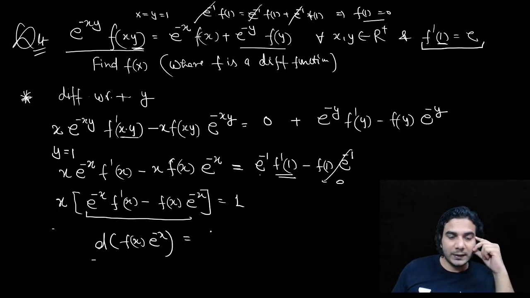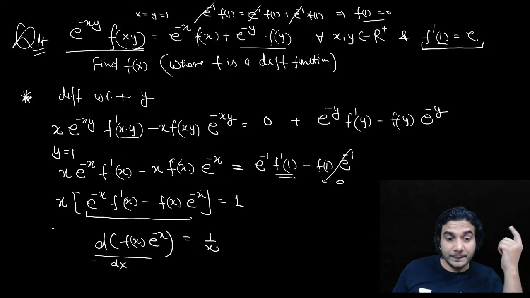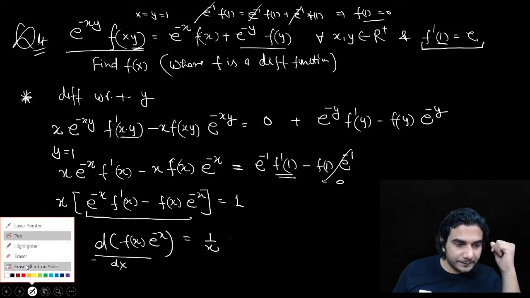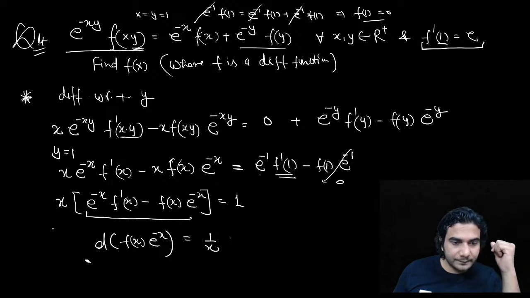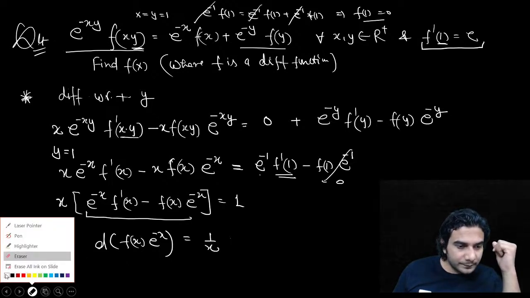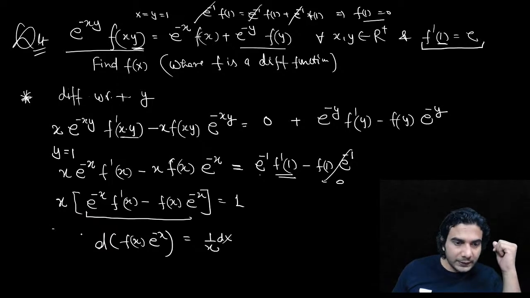He can write like this, divided by dx is equal to 1 upon x, and then you can integrate, taking dx to the right hand side.